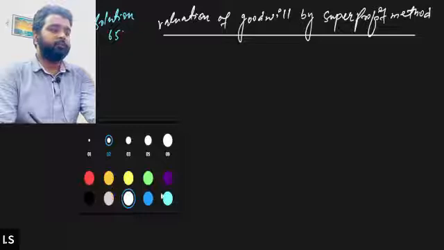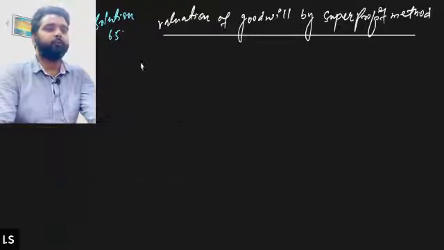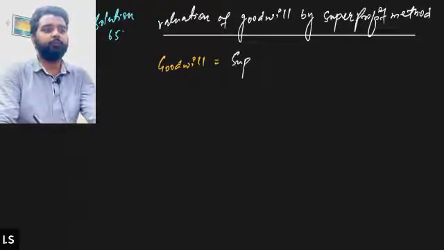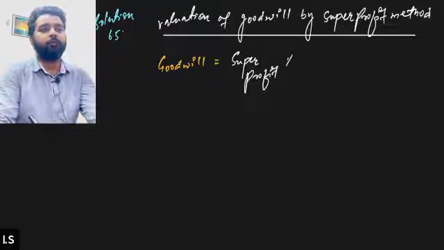All right, and the formula for calculating goodwill by super profit method is goodwill equals super profit multiplied by number of years purchase.